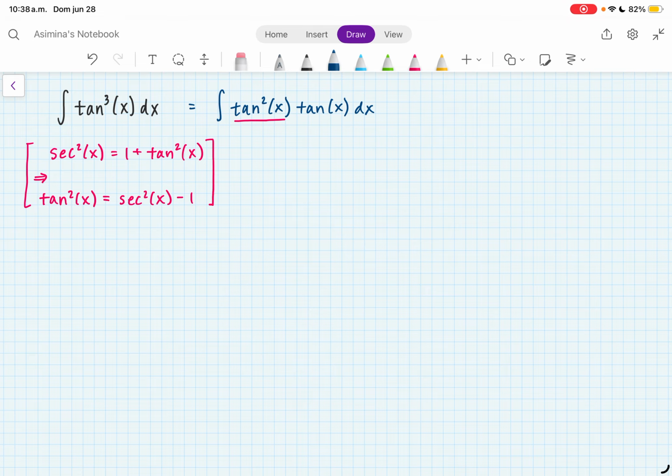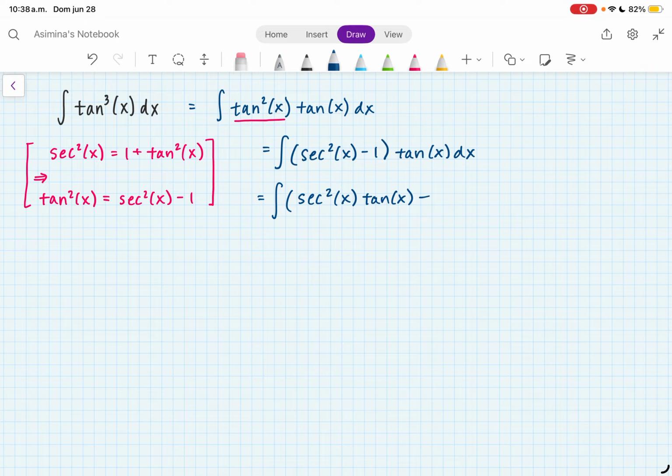So this integral equals the integral of secant squared x minus 1 times tan of x dx. Now, we still need to do a bit of work, so I'm going to distribute the tan of x from the outside, so we have the integral of secant squared x tan x minus tan x dx.